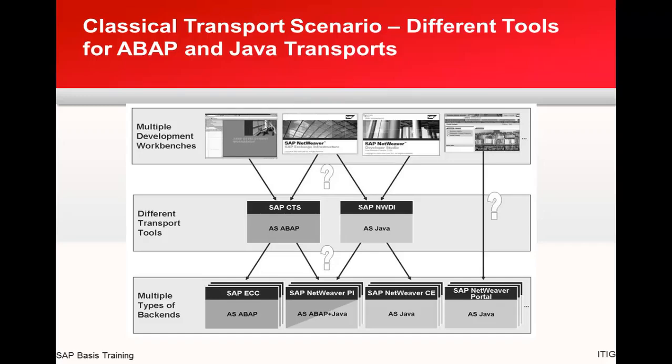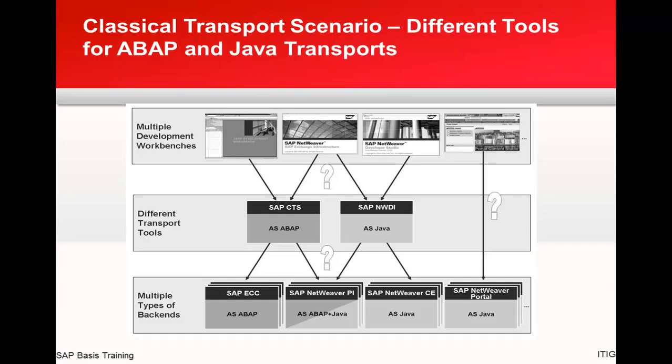Okay, you can see this is basically an exchange infrastructure where you can have a separate tool, a separate CTS, for your ABAP instance. Then using NWDI you are transporting your Java instances, and you have NetWeaver Developer Studio.